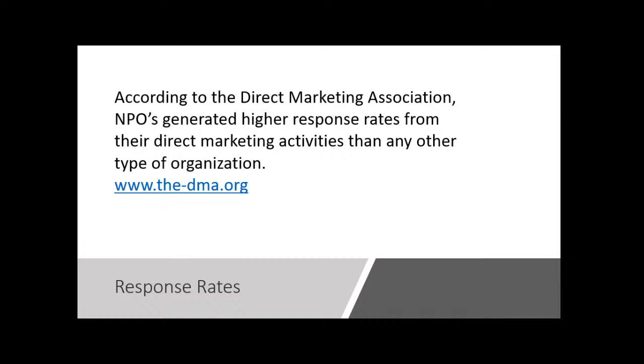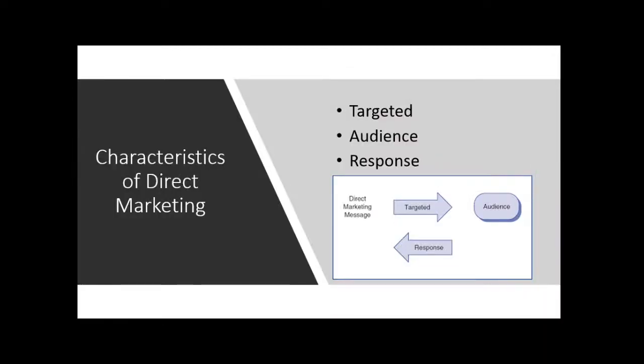But let's talk about some of the characteristics of direct marketing, because direct marketing is distinguished from other types of marketing because you can obtain a measurable response from the target audience. Effective direct marketing relies heavily on use of a database.